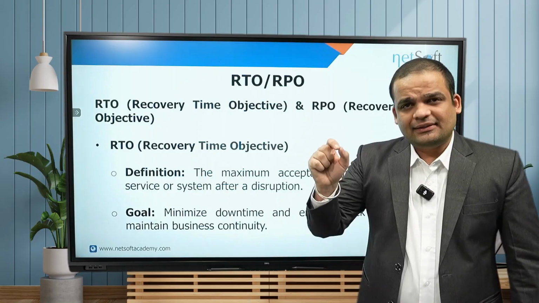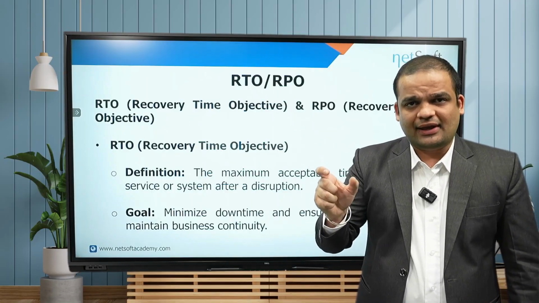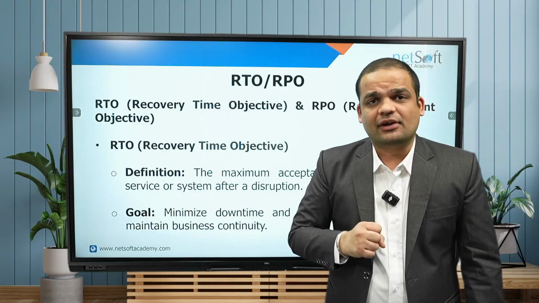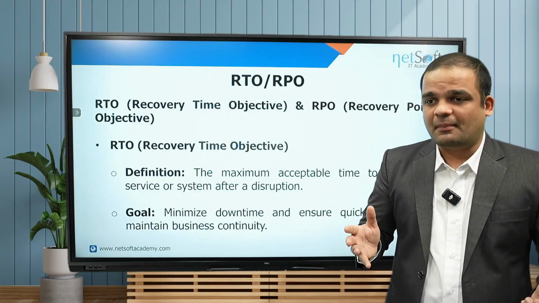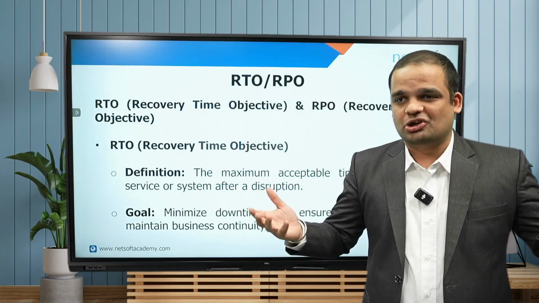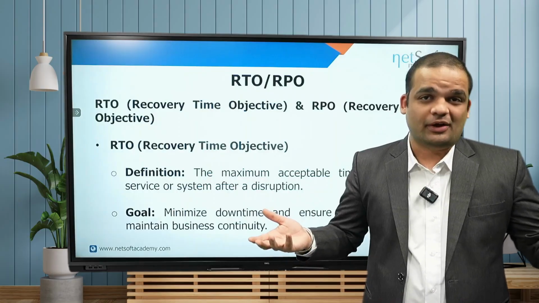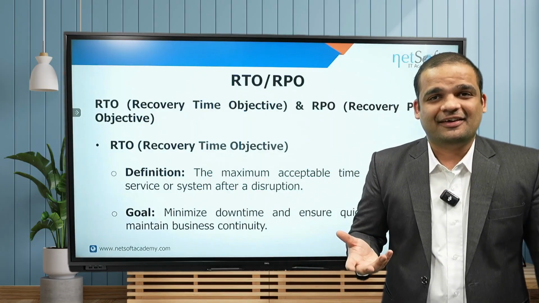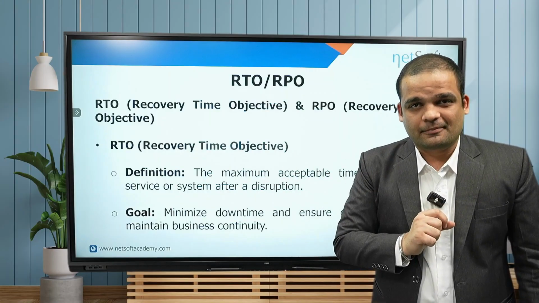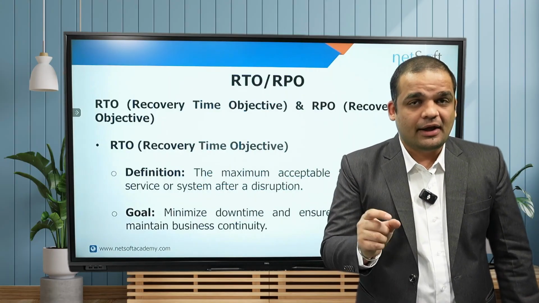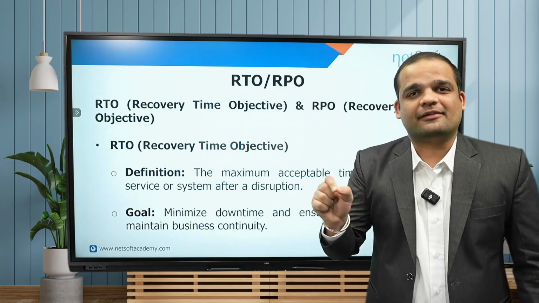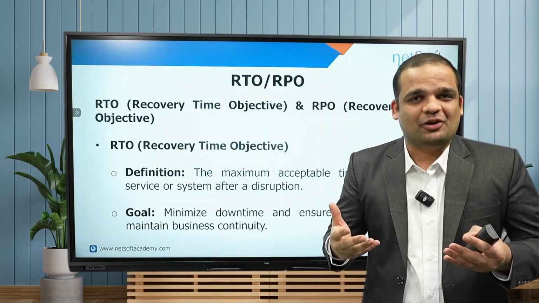Now, this downtime can lead to lost revenue. And for some industries, 4 hours might be maybe $1 million in potential revenue loss, right? And they cannot afford it. So in that case, they might want to reduce the RTO. But again, if you want to reduce it, be ready to pay more. So there is a sweet balance between how much RTO you can afford.